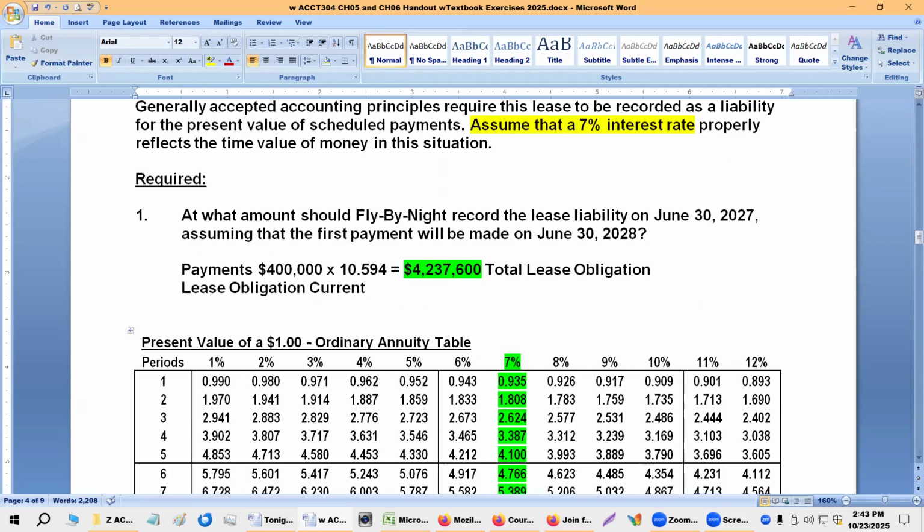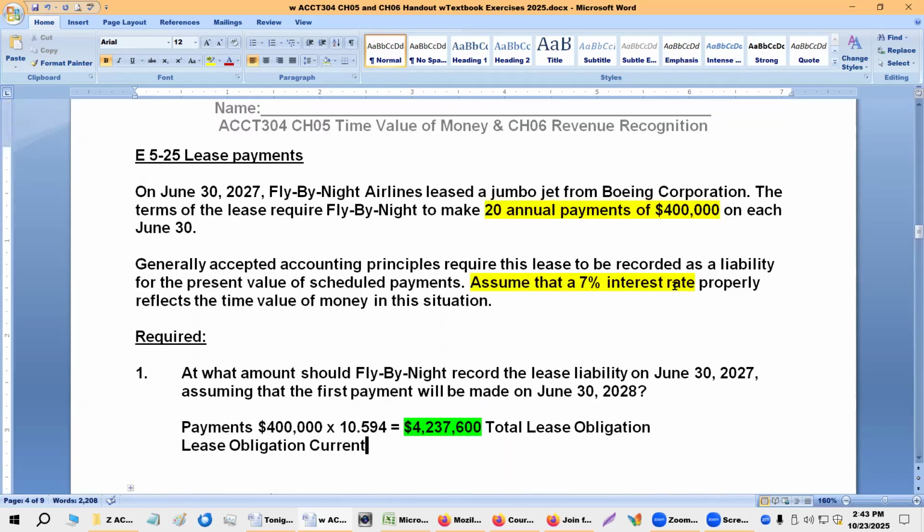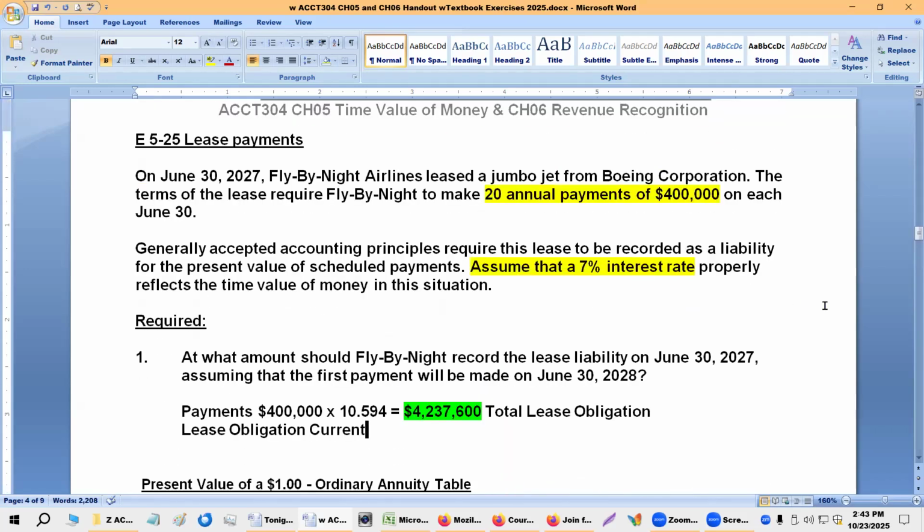So how much are we going to pay in the next year? Let me ask it differently.